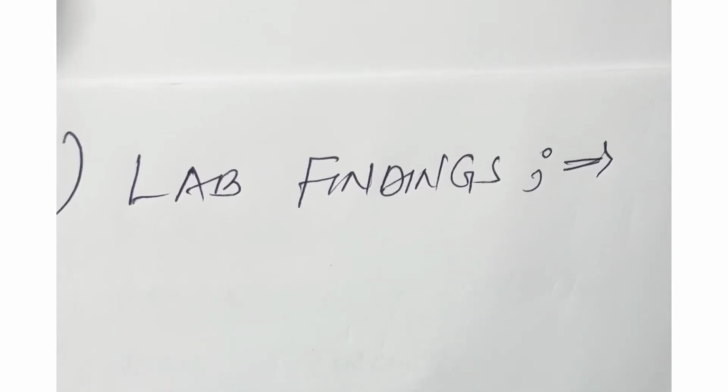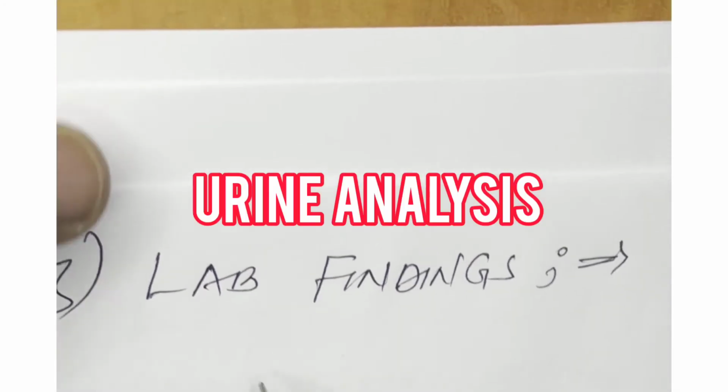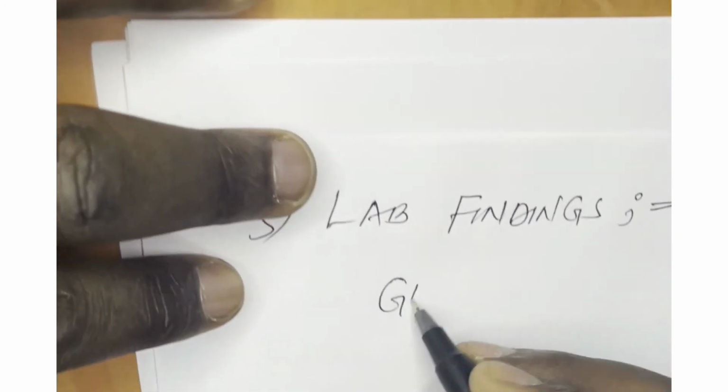First of all, we can detect glucose in the urine, which we call glycosuria.